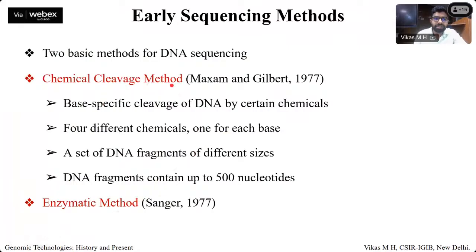In the chemical cleavage method, if you have a fragment of DNA, you carry out 4 different reactions at the same time. Say one of these chemical reactions gives a positive for one particular base, so you decide the base at this particular length.